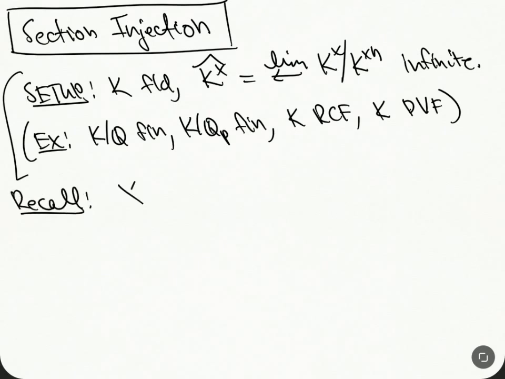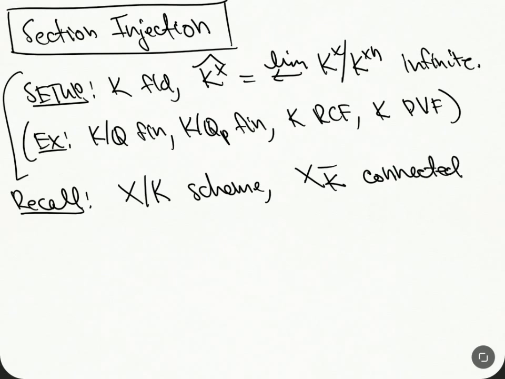So recall that if X over K is a scheme, and this is connected, so it's geometrically connected.